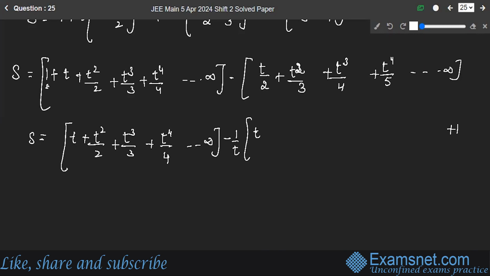And this one is also added over here. And I'm taking a minus 1 over here, which I'm adjusting over here. Hope you got what I have done. So this will be equal to plus t square upon 2 plus t cube upon 3, t power 4 upon 4, and so on. See why I have done this? Because I want the power and the denominator to be the same.